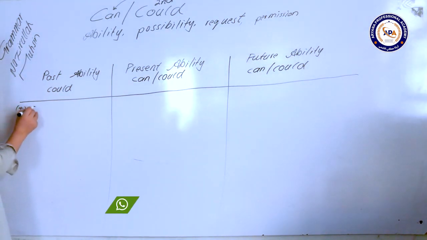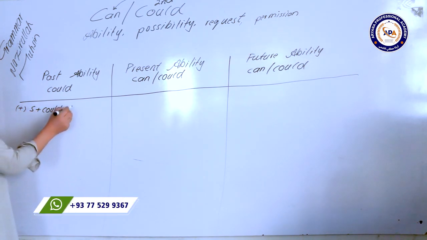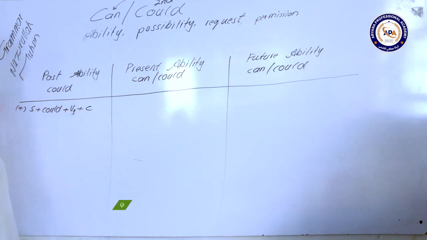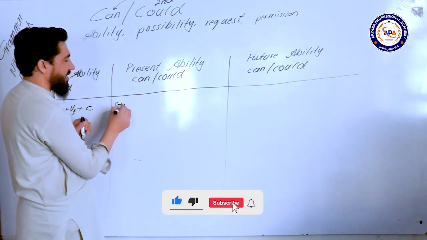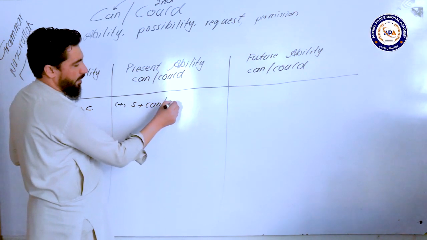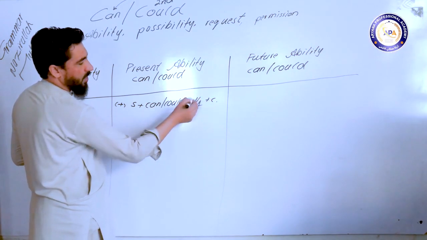In a positive sentence, we use subject, then could, followed by the base form of verb, and then complement. In the present, we have the same structure: subject plus can or could, plus base form of the verb, plus complement.